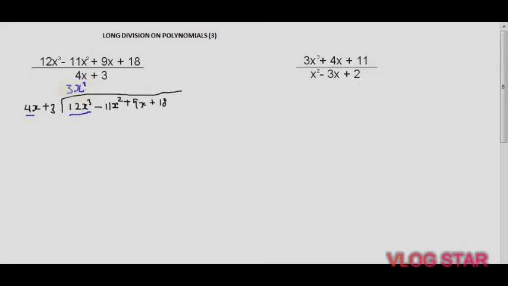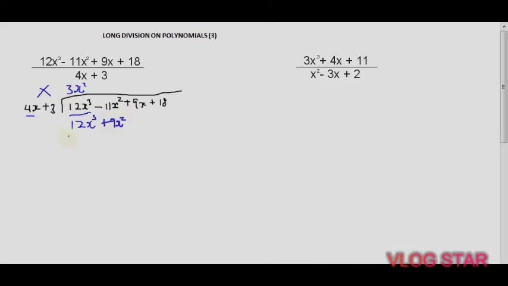Okay, so we'll now multiply this 3x squared by everything down here. If we multiply this 3x squared by 4x here, we'll be left with 12x cubed, right? Now if we multiply this 3x squared by 3 down here, 3 times 3 is going to give us plus 9x squared, right?